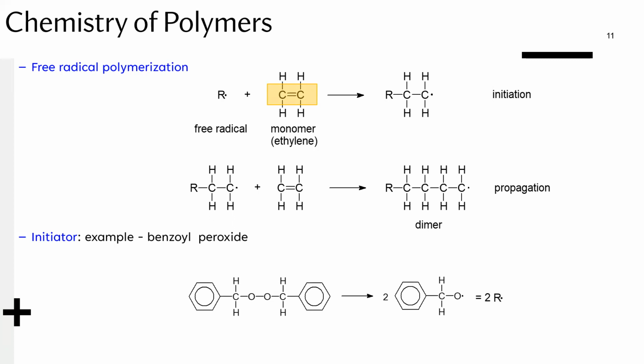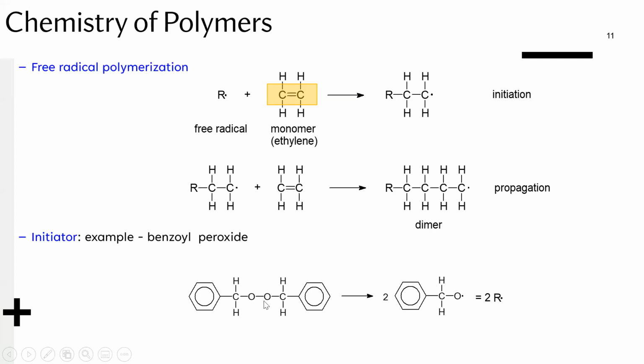So another example, so we will look at different initiators, but what an initiator is, is that molecule that when you break it, it produces your free radical. So that free radical can then start a cascade of reactions. So in this case, you've got this molecule as your initiator.